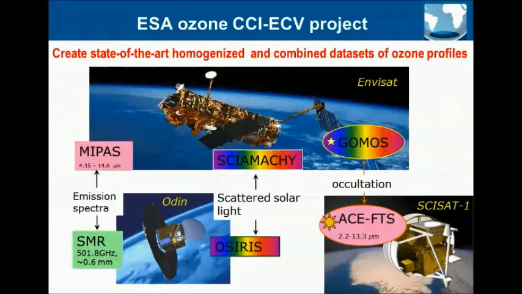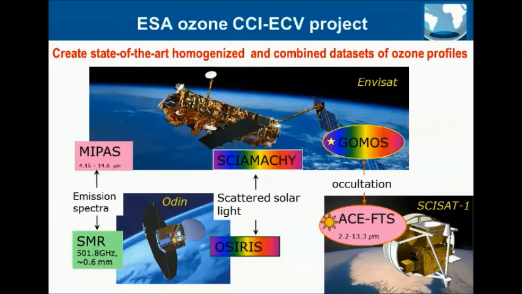A few words about the ESA Ozone CCI project. The main focus of this project is to create a state-of-the-art homogenized dataset on ozone profiles based on ENVISAT, ODIN, and SCIAMACHY satellite data records.